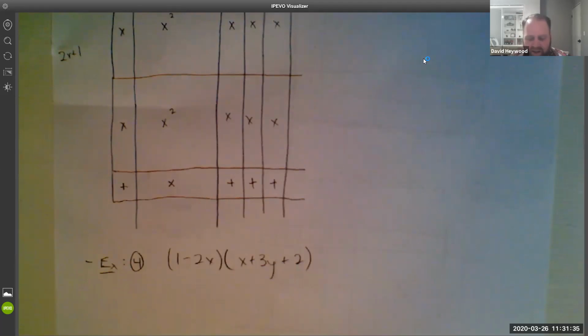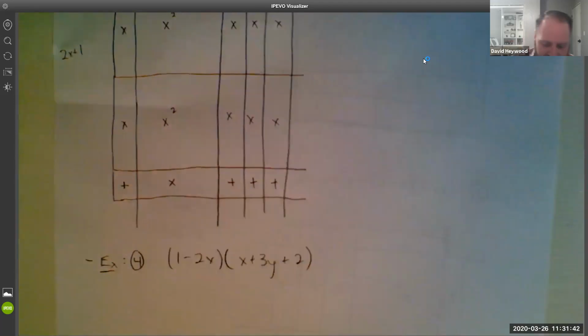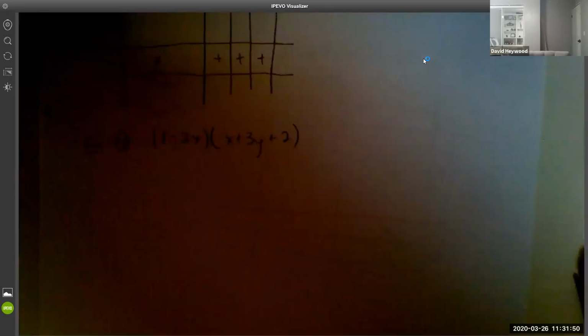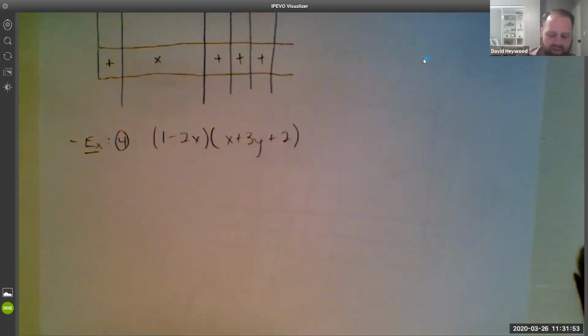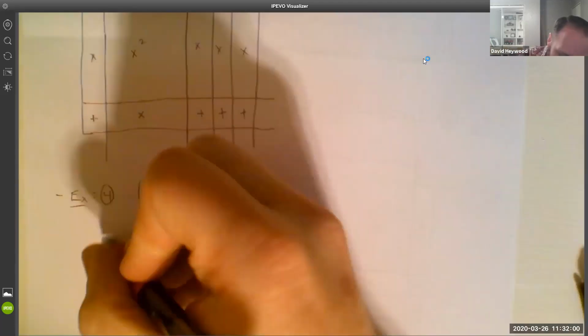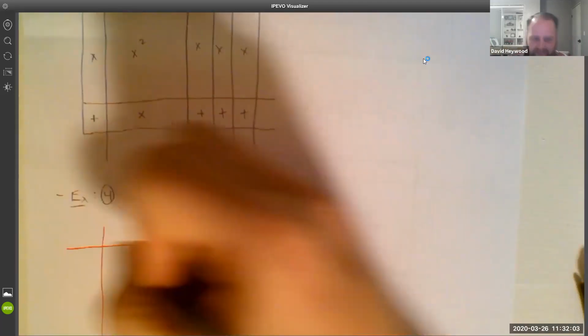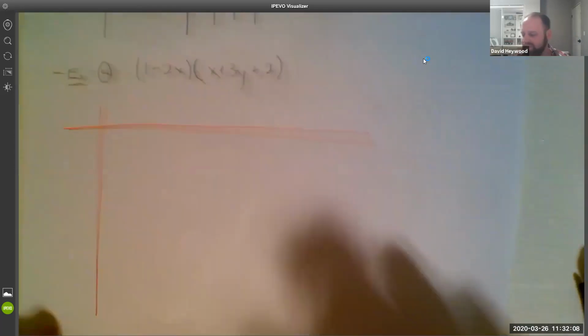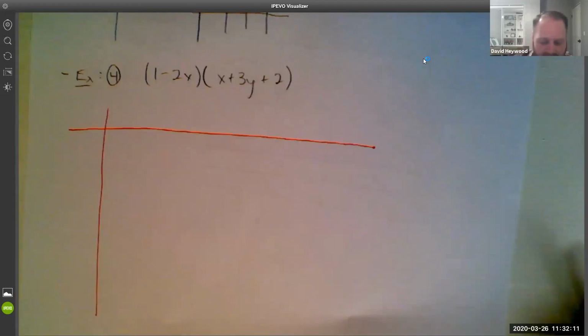I may not have given myself enough room for this, but we'll see. 1 minus 2x. Maybe I'll use a different writing system so I can separate out what my answer is. Okay, so I'll use red ink for those lines. Okay, 1 minus 2x.